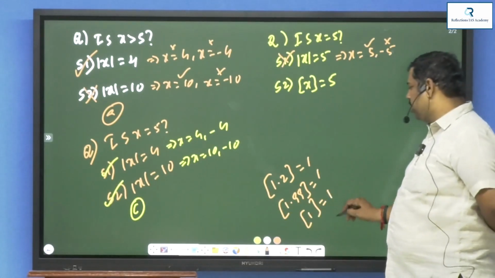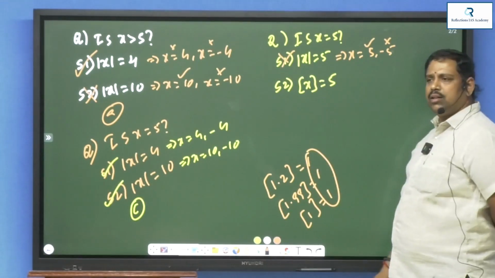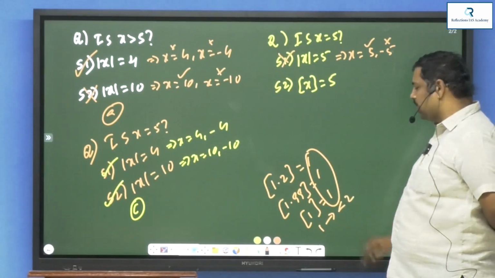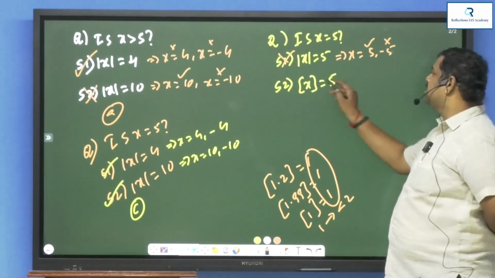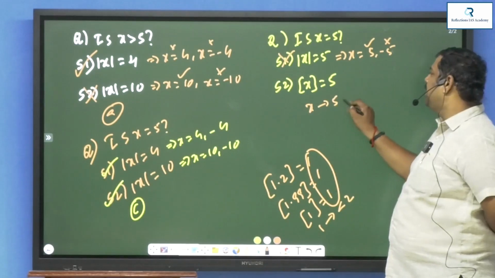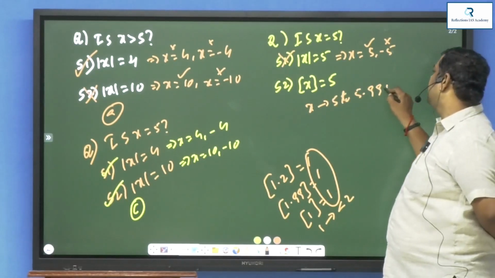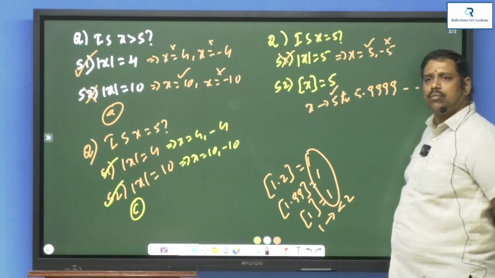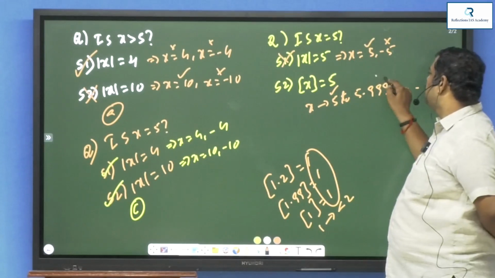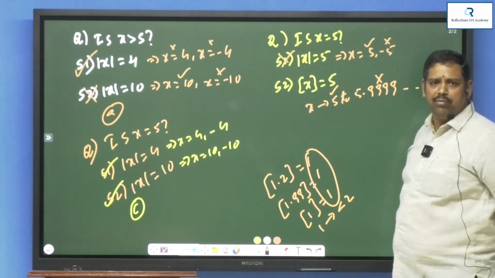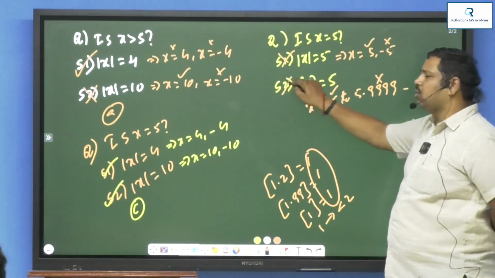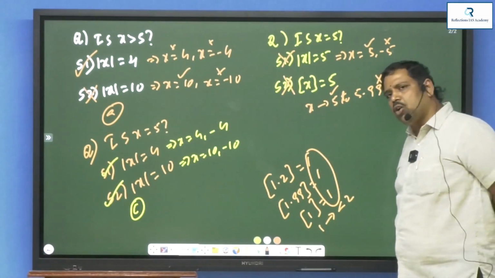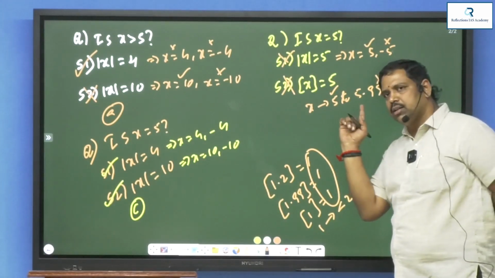To get output 1, the value will be 1 or less than 2. To get step x equal to 5, x will be from 5 to 5.99999. When x is equal to 5, this is correct. When x is equal to 5.999, this is wrong. Are you able to come to a conclusion? Is S2 sufficient or not? B is the right answer. Do you understand this? Okay, good.